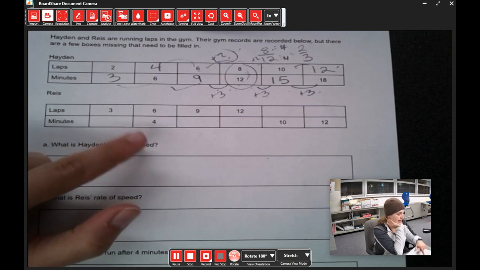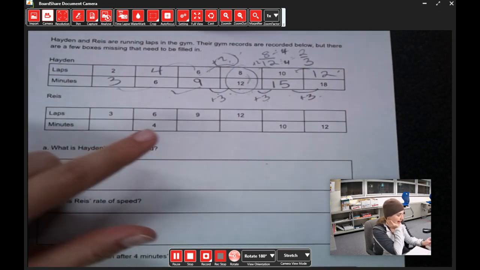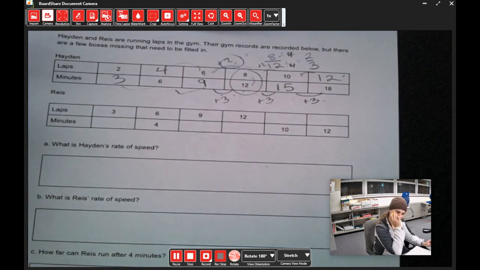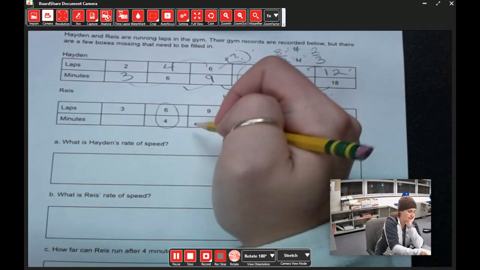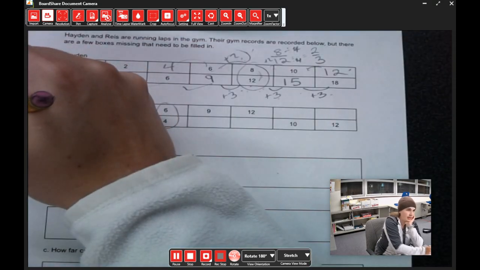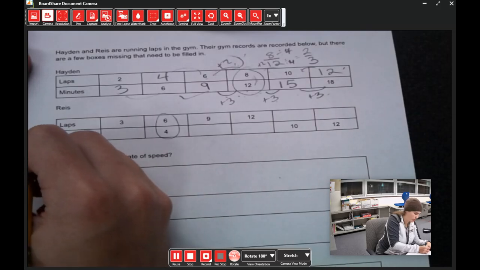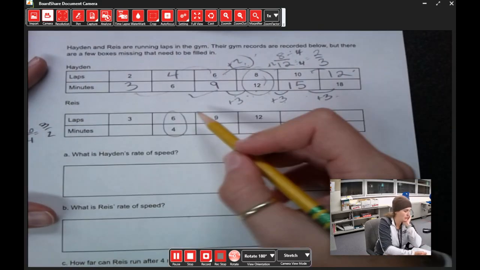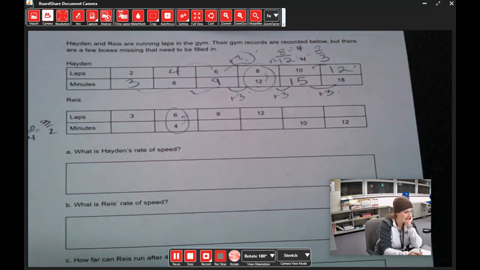Now this one, I see a lot of the same numbers, but it almost looks upside down. So it's not 2 to 3 this time. I've got a 6 and a 4 here. 6 fourths is going to simplify to 3/2. So again, I'd have to do 4 times 3/2 to get 6.